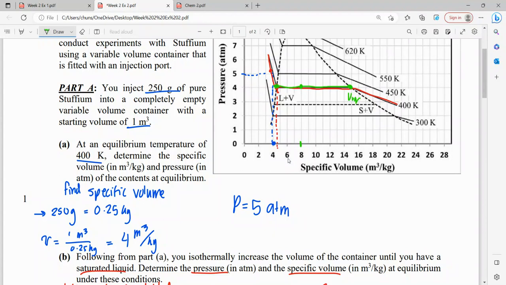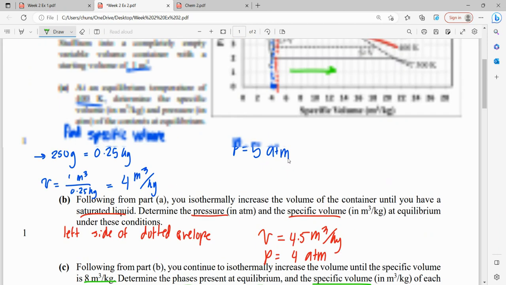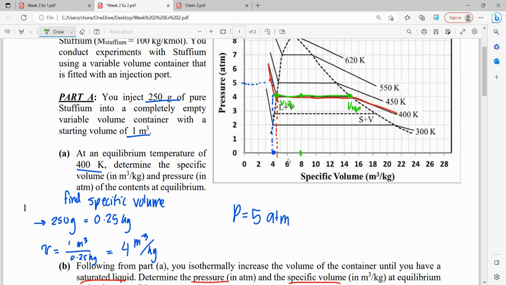This is our vapor, and we already found our V liquid over here from our previous question. So liquid is 4.5 meters cubed per kilogram. And for our vapor, it's about 15.